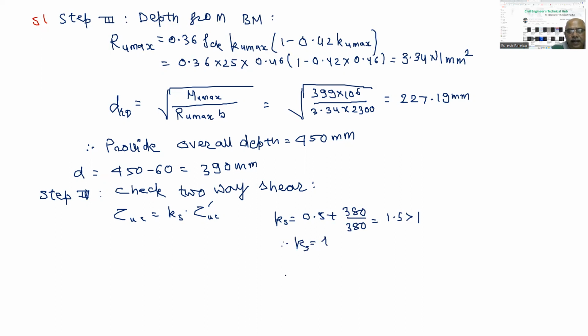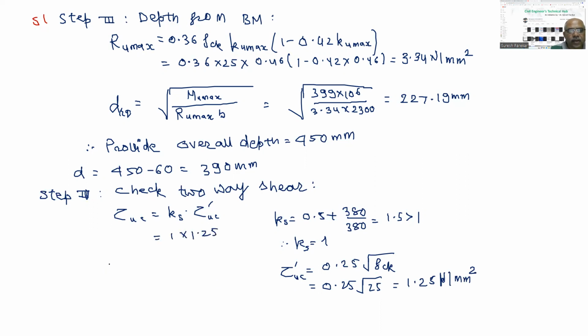And tau dash UC is 0.25 root FCK. FCK we have 25, so 0.25 root 25, and it will be 1.25 Newton per mm square. And substituting this value, we have 1 into 1.25, and therefore we have tau UC 1.25 Newton per mm square.